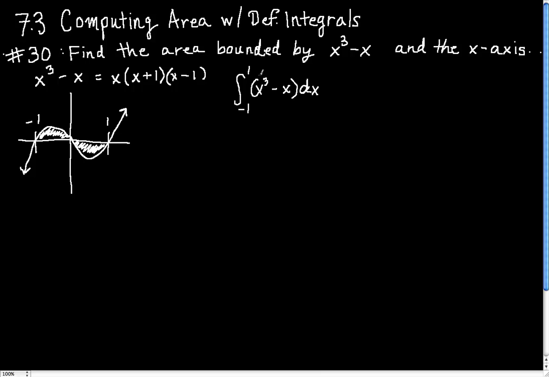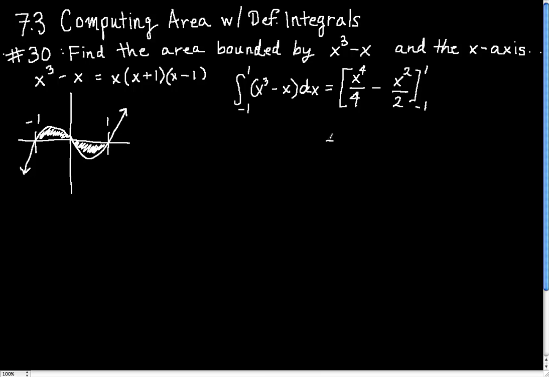I find the antiderivative and evaluate at the endpoints. So what is the antiderivative? By the power rule, 3 plus 1 is 4, so I get x to the 4 over 4 minus x squared over 2.